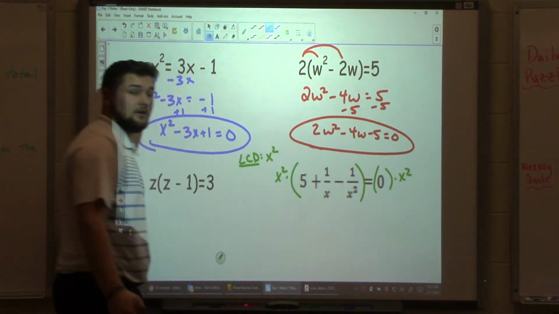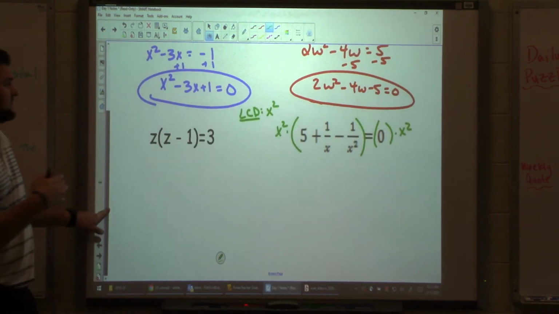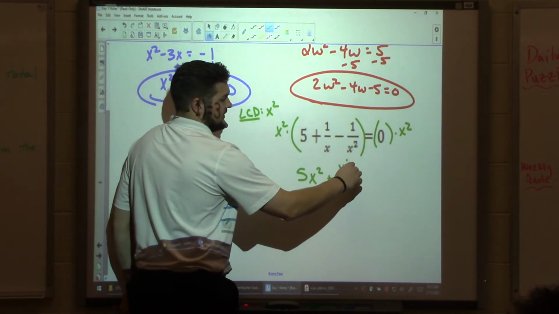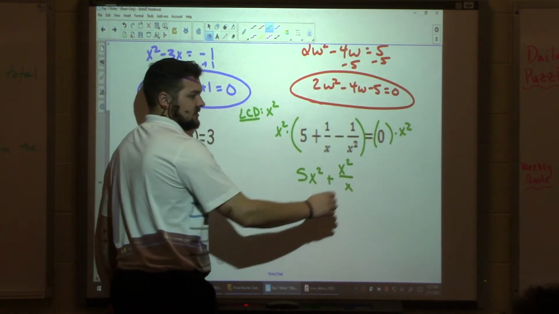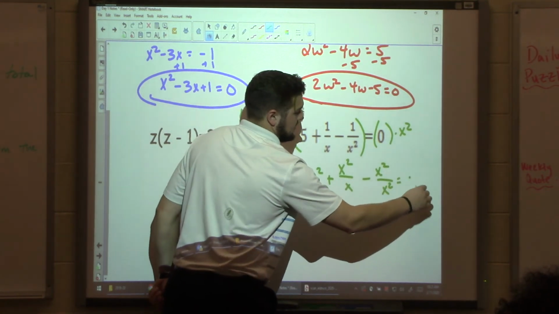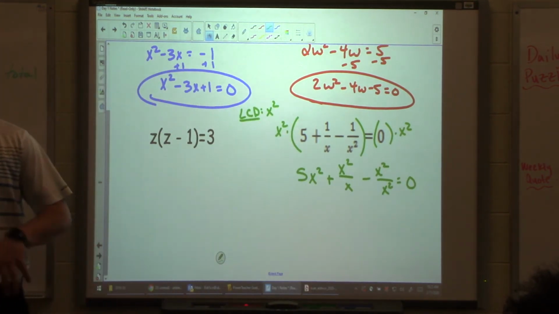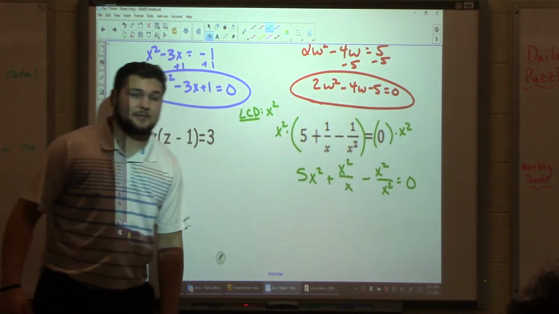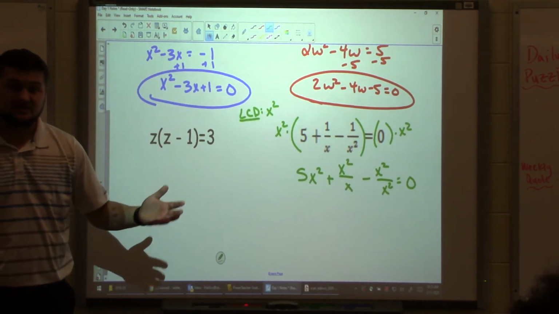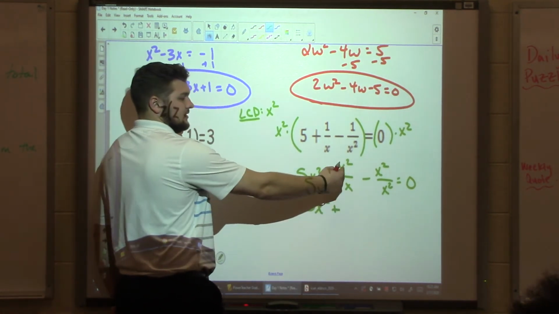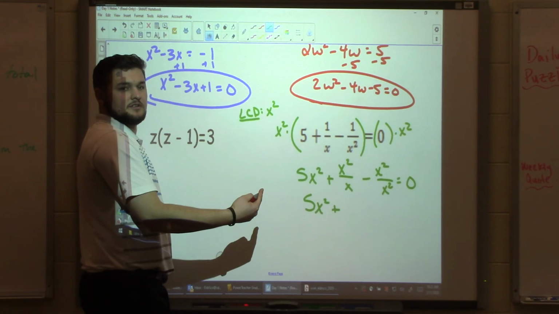So watch what happens. I multiply them all by x squared, I get 5x squared plus x squared over x minus x squared over x squared equals 0. So when I multiply by the least common denominator, I'm able to simplify these, and I'm going to get rid of all my fractions. 5x squared plus, what's x squared over x? x.